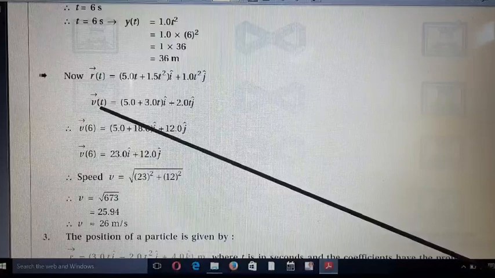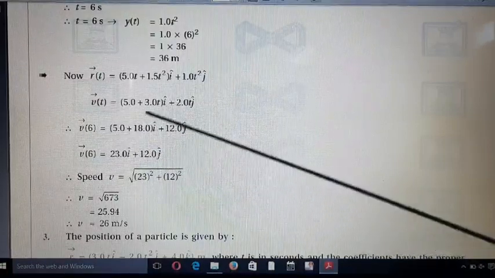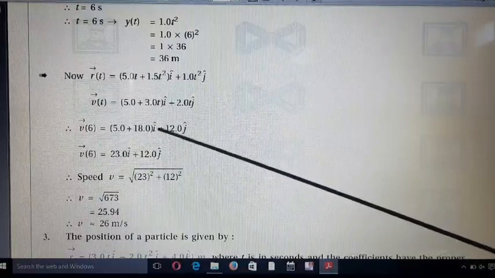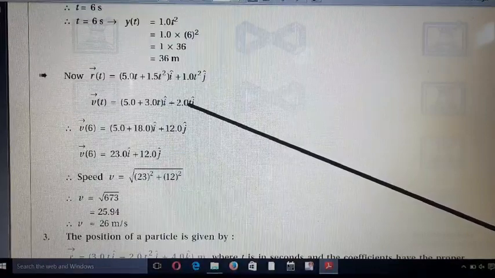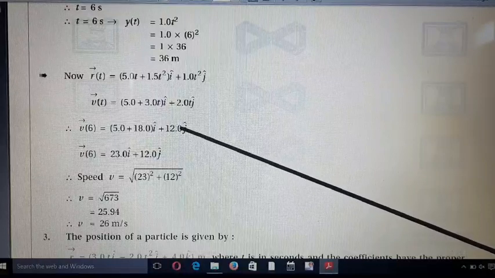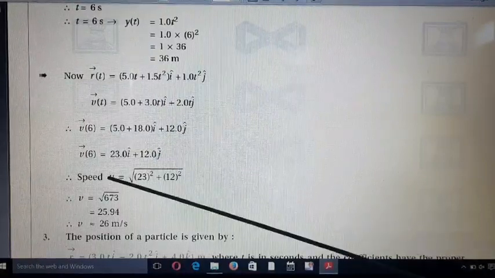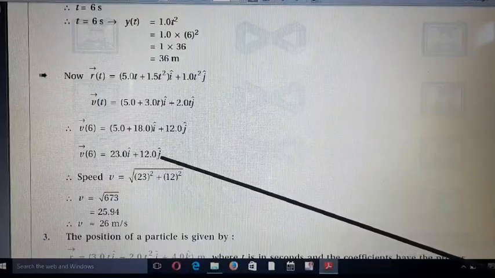So instead of t we can write down 6. So v(6) is equal to 5 plus 3 sixes are 18 i caret. Here 2 sixes are 12, so 12 j caret. Means x component is 18 plus 5, means 23 i caret and 12 j caret.